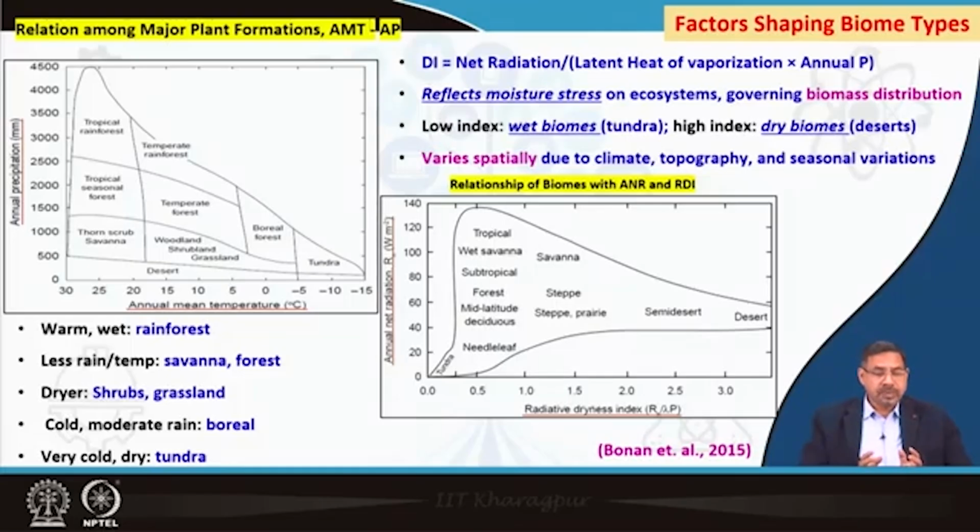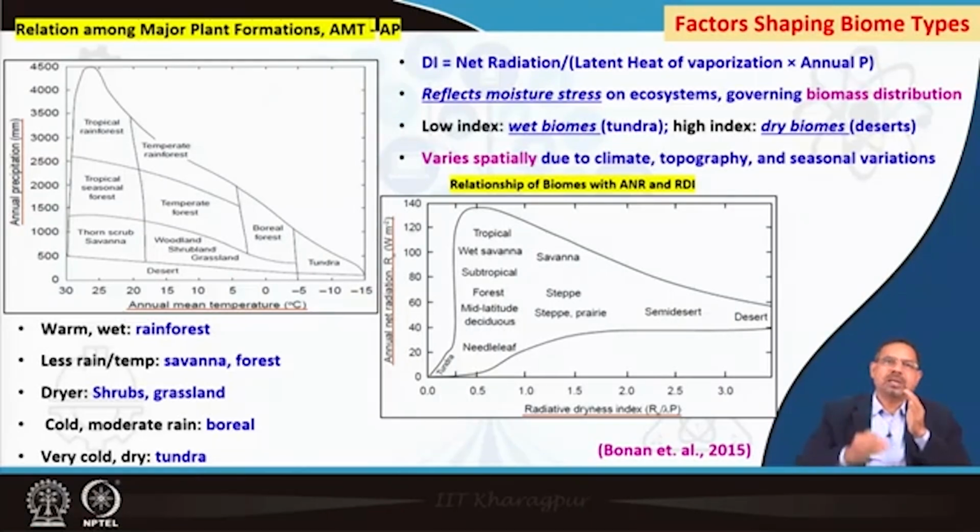If you see here, the thorn scrub savanna is at a relatively high annual mean temperature and low annual precipitation, in the range of about 18 to 30 degree centigrade mean annual temperature.